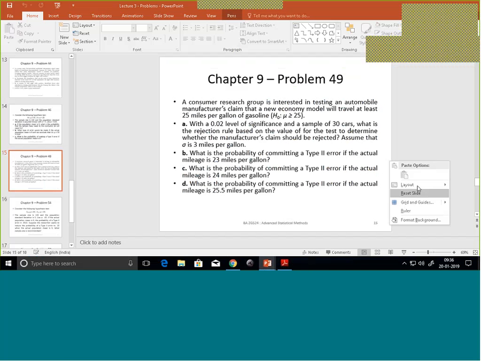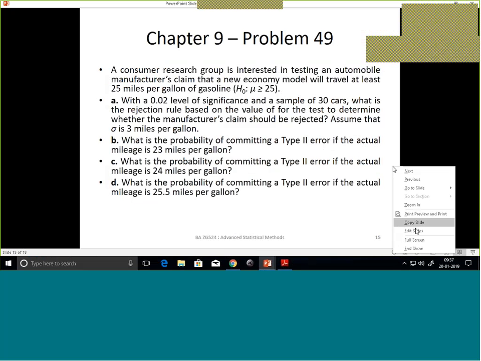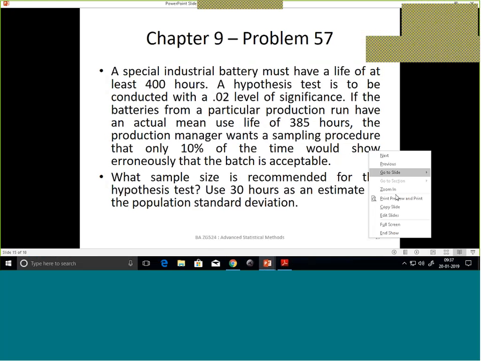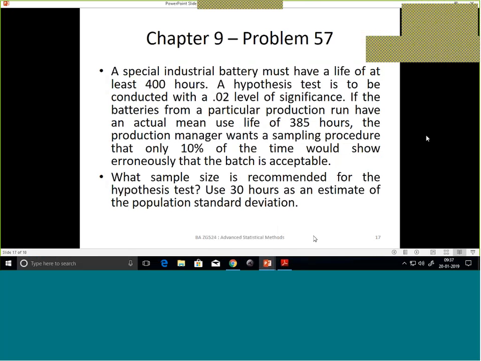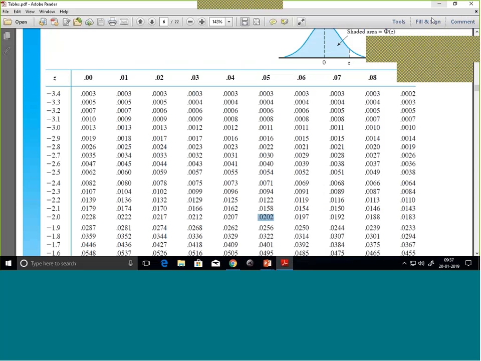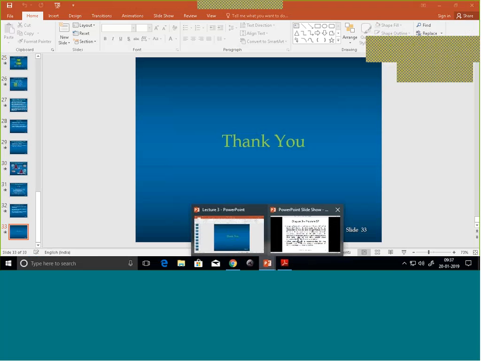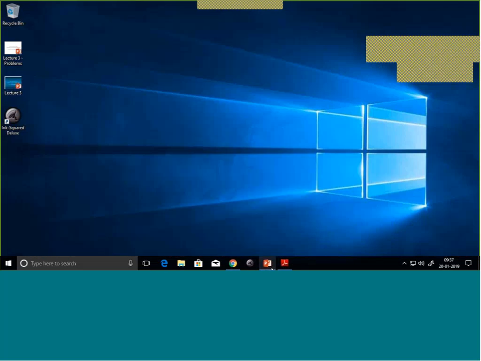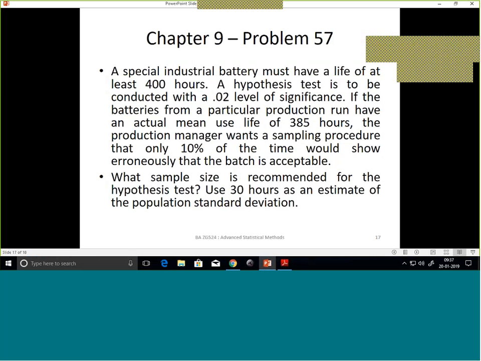So that's why you will write here the rejection rule is like this. So when alpha equal to 0.02, one can easily calculate z alpha as minus 2.05.